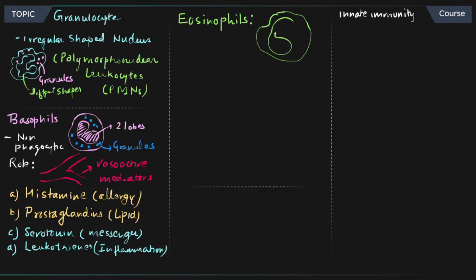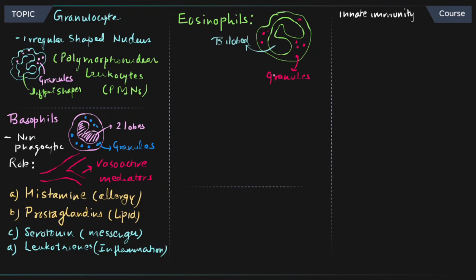You also have 2 lobes in basophils, but in this case, a very narrow, thin connector connects these 2 lobes. If we talk about granules, it will have red-colored granules, and the red color appears when they are stained with acidic dyes. So these are the granules.